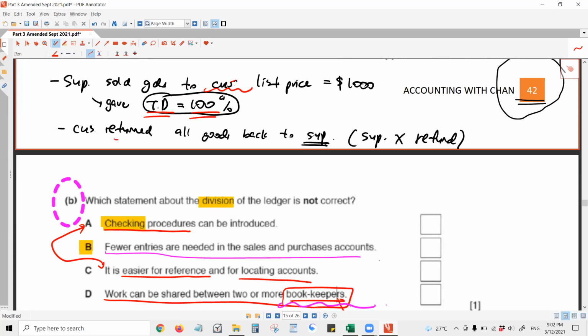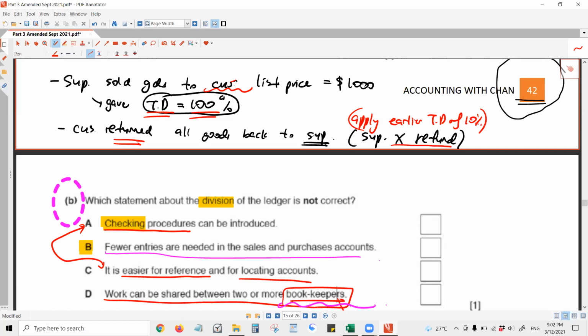At the point of returning, the supplier doesn't have to refund as well. Why? Because you have to apply the earlier trade discount. Therefore, when the customer returns goods back to the supplier, there's no money to be refunded.